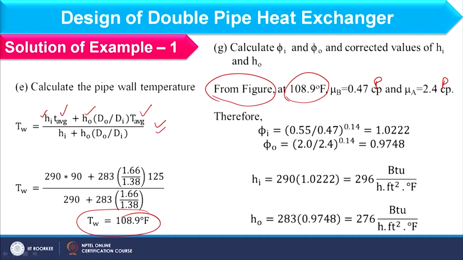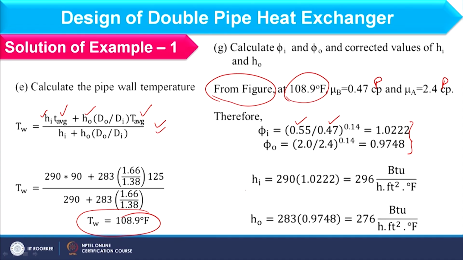Considering these values of viscosity at wall temperature and viscosity at average temperature of both fluids, we can find out viscosity correction factors like this, where psi I is equal to 1.0222 and psi naught is equal to 0.9748. Fine.